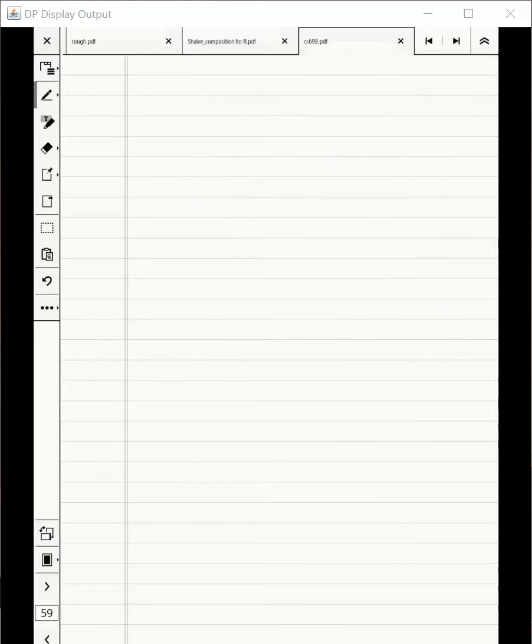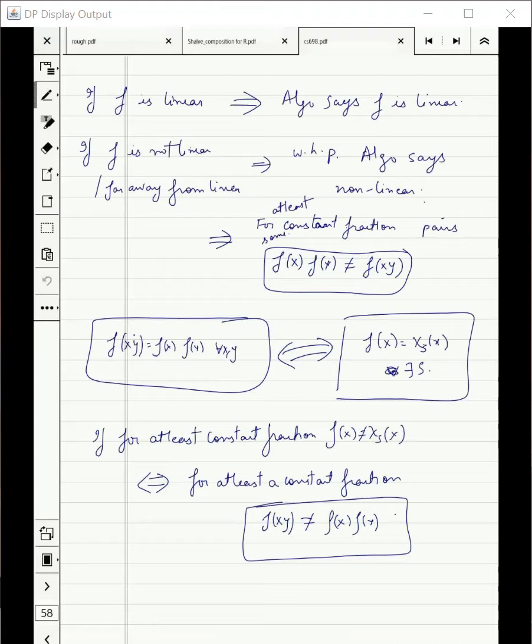In the previous page, f(x) is not equal to chi_s(x) for at least a constant fraction for any s. Okay.